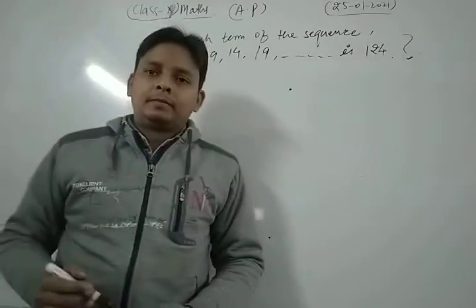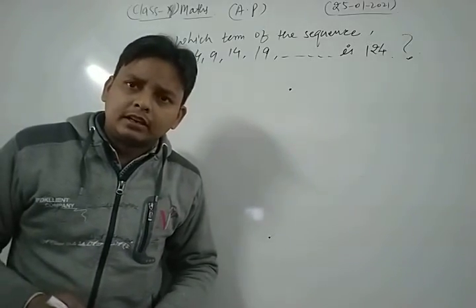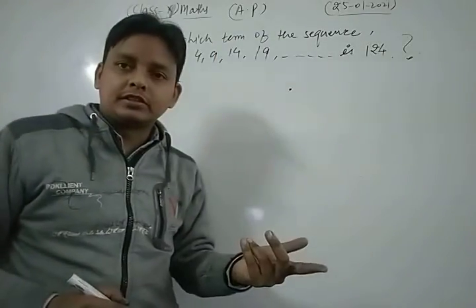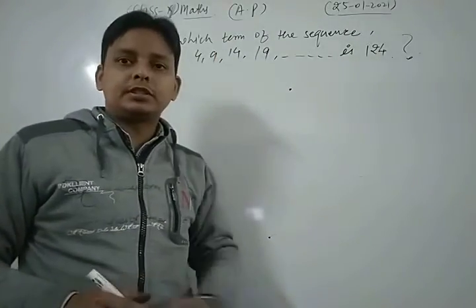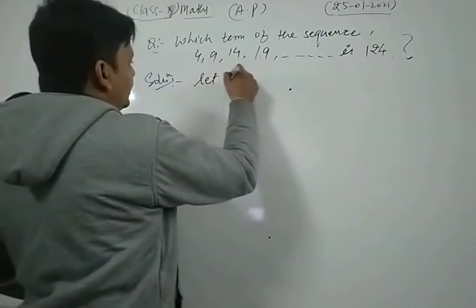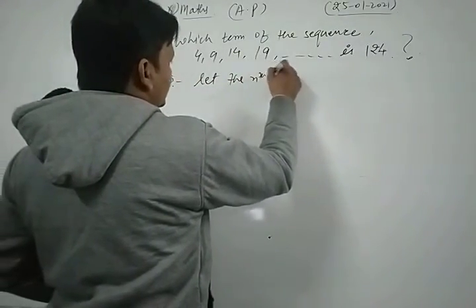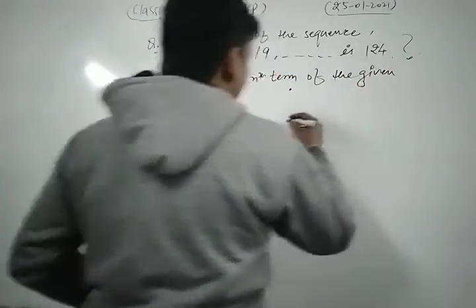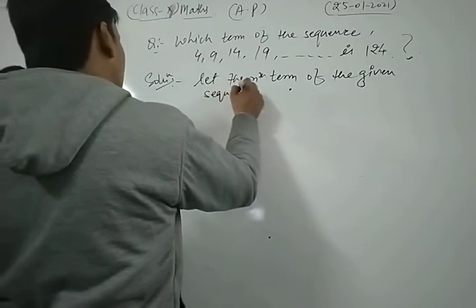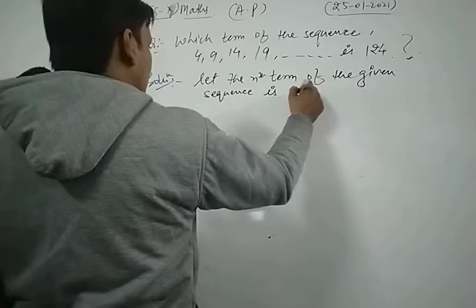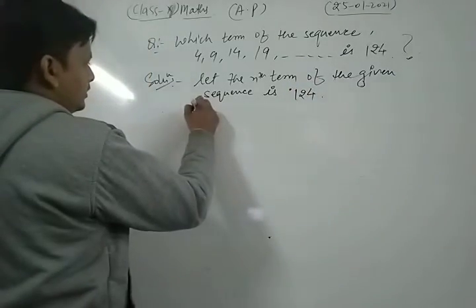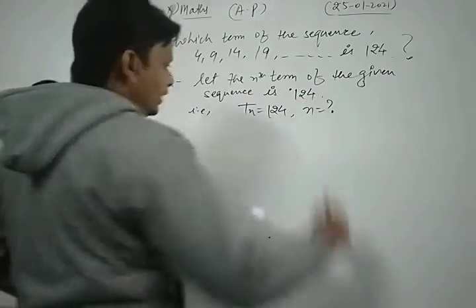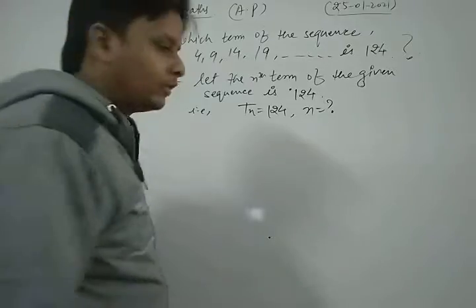Dear students, in that question we find which term of the sequence is 124. Here let the nth term of the given sequence be 124, and we find the value of n.